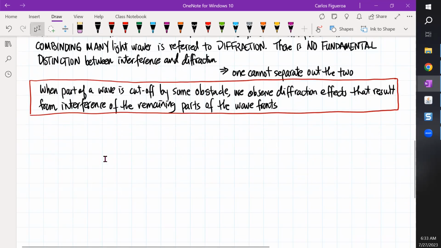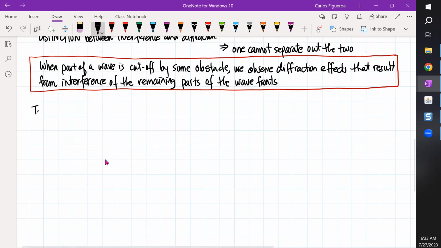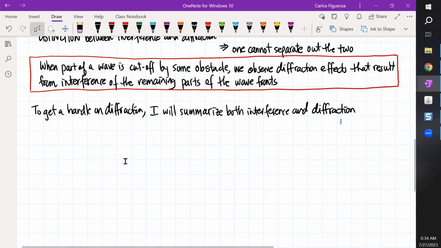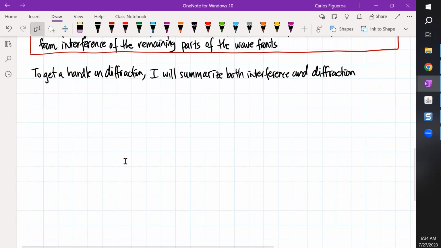So what I'm going to do here is to get a handle on diffraction, I will summarize both interference and diffraction. Okay, so here we go. I'll start with the two-slit interference first.